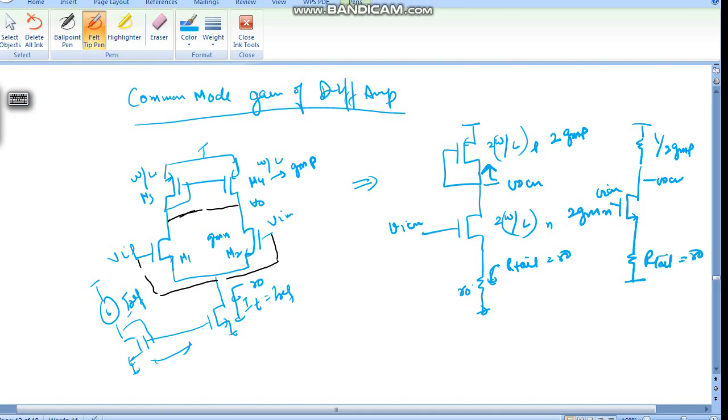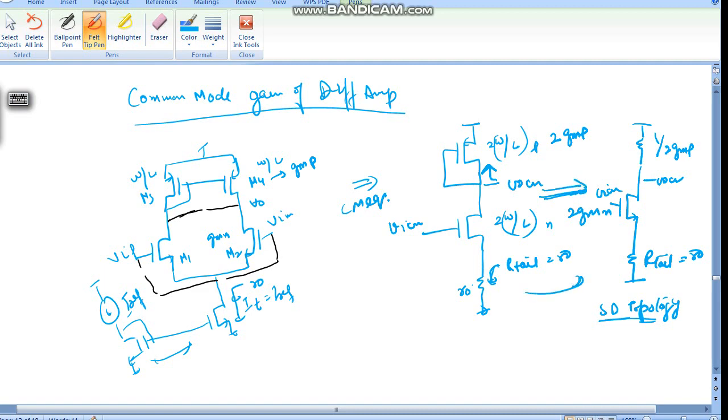Now this is a source degeneration topology. So from here to here, this is the CM equivalent, and we further reduce this to this topology.